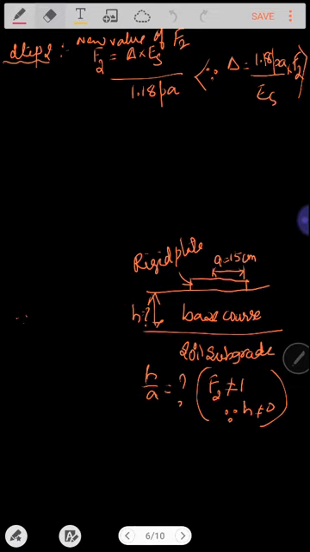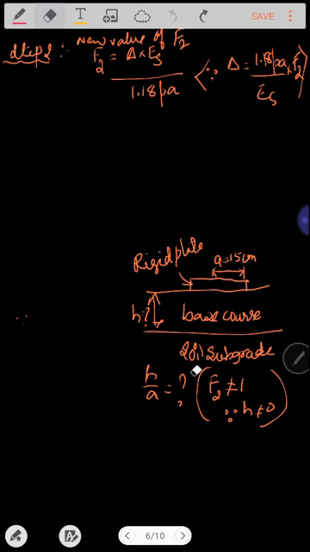So for that we have to find out the new value of f2 due to the presence of this base course over the soil subgrade. Again we have to find out this particular value of f2 considering the plate load test over the base course. This base course has a certain finite thickness over the soil subgrade.